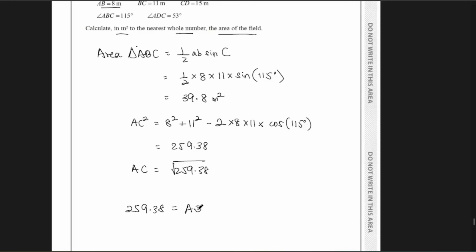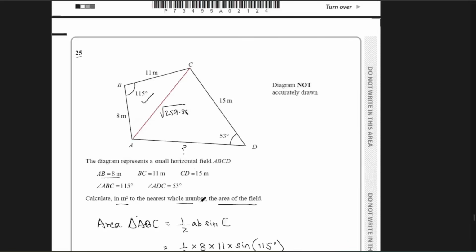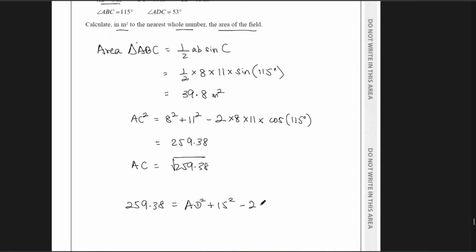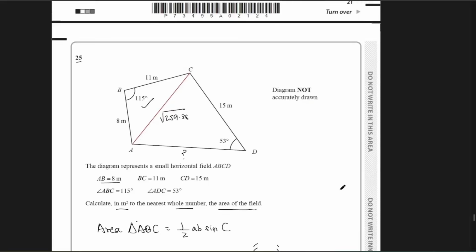So AD squared plus the other adjacent side is 15, 15 squared, minus 2 times the product of two adjacent sides, AD times 15 times cos the angle, which is 53 degrees.